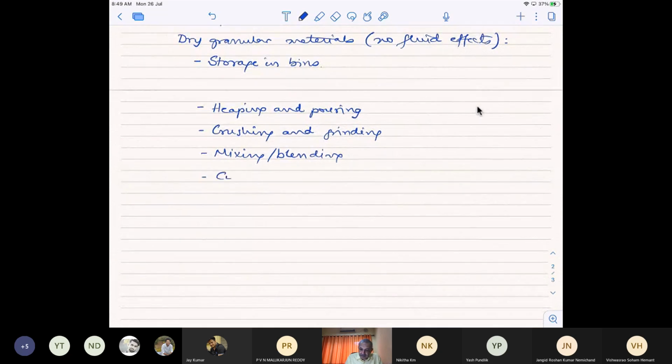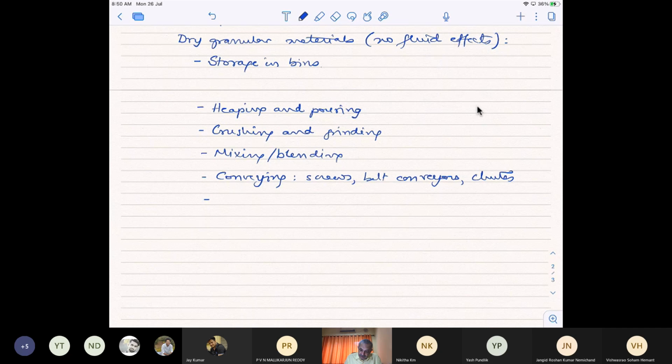Then you may have conveying, which can happen through screws, belt conveyors, and so forth. Chutes, which are basically just channels which are inclined and the material flows under gravity.